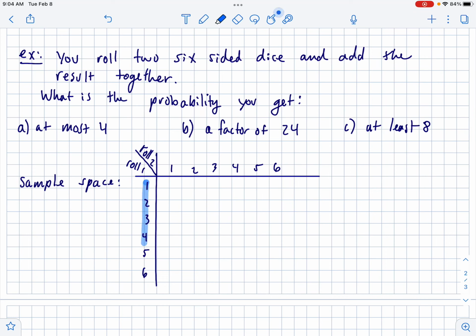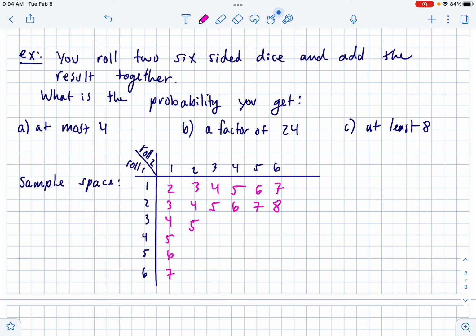So here on the left, we have the roll from the first die, and then on top, the roll from the second die. So if I'm going to add these together, this is 2, 3, 4, 5, 6, 7. 3, 4, 5, 6, 7. 2 and 2 is 4. 2 and 3 is 5. 6, 7, 8.